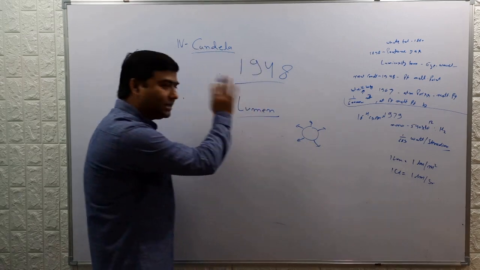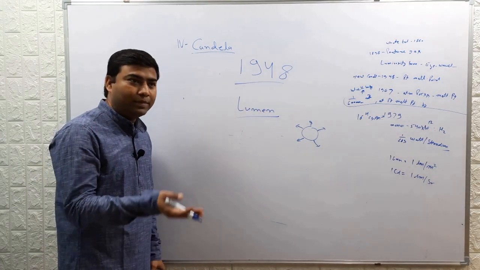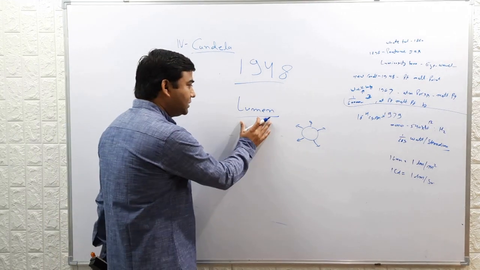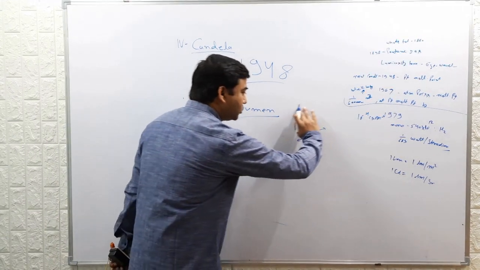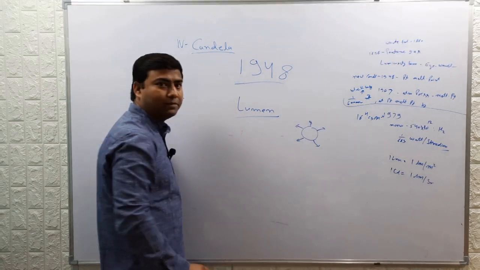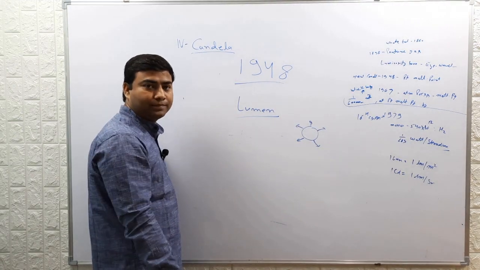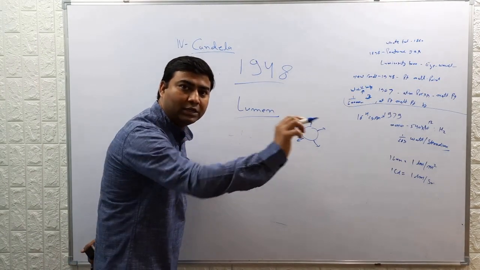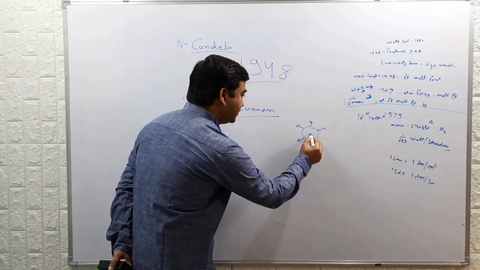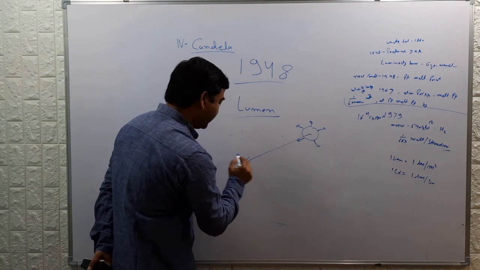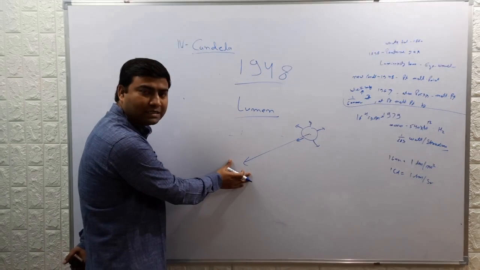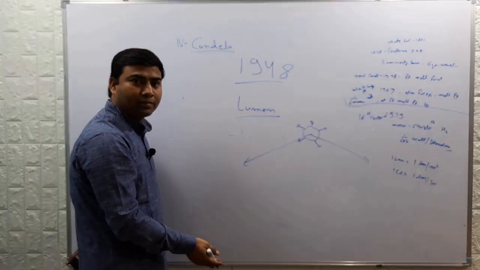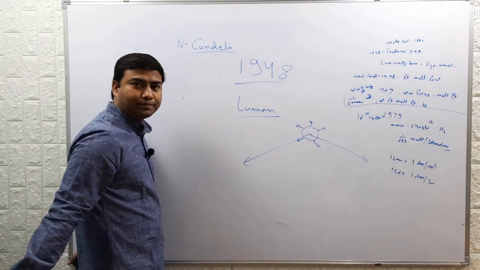It also measures brightness of the source. But the difference between candela and lumen is that lumen defines total visible light emitted by a source in all directions. So candela is for a particular direction, particular angle. In one direction, luminous intensity is something, in another direction it can be something else. That is defined by candela.